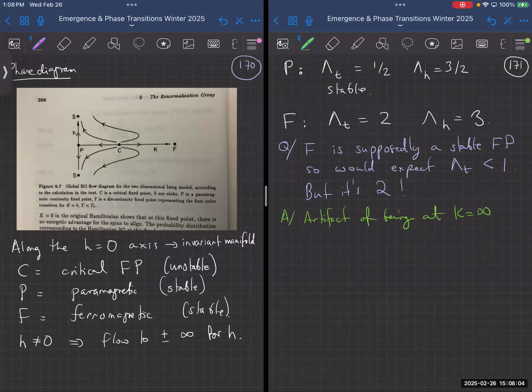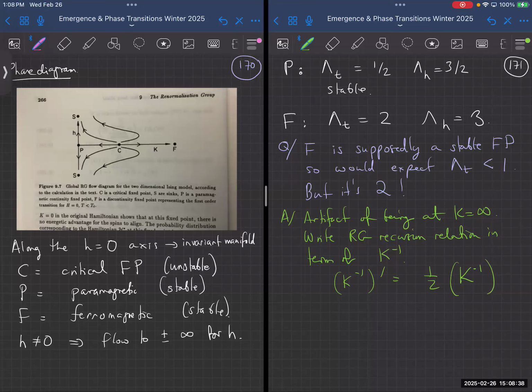So what you should do is write the RG recursion relation in terms of 1 over k, so k to the minus 1. Then you get k to the minus 1 prime is 1/2 k to the minus 1.